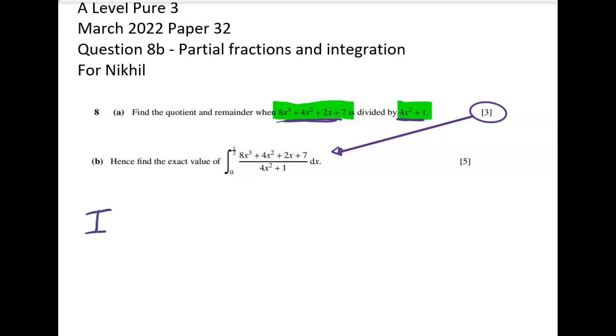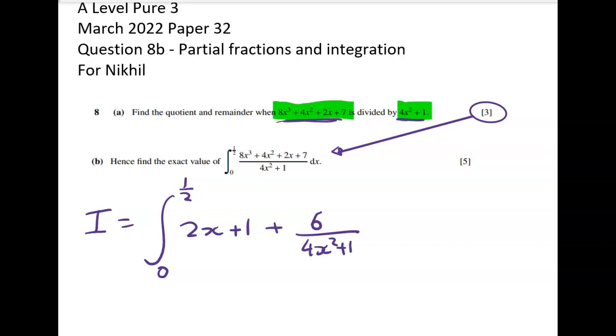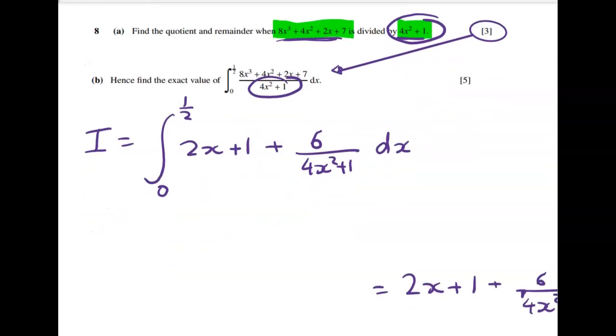So this integral, we'll call it I, is equal to the integral between 1/2 and 0 of 2x plus 1 plus 6 over 4x squared plus 1. And you should notice, basically, as soon as you see this here and this in here, that we're going to be working with a tan inverse.